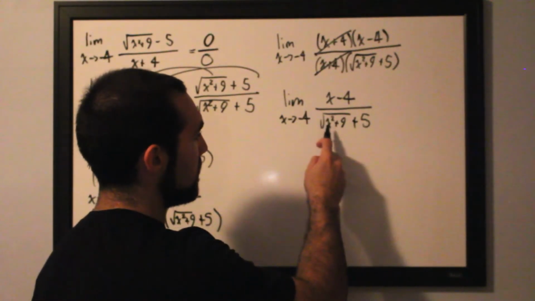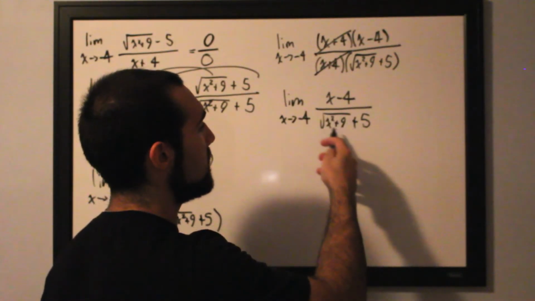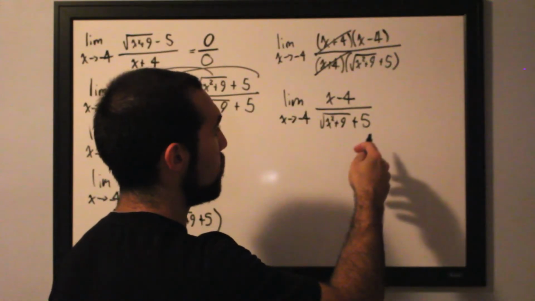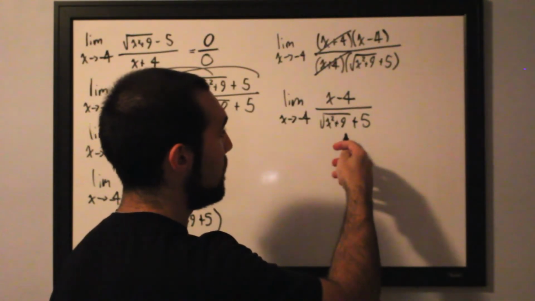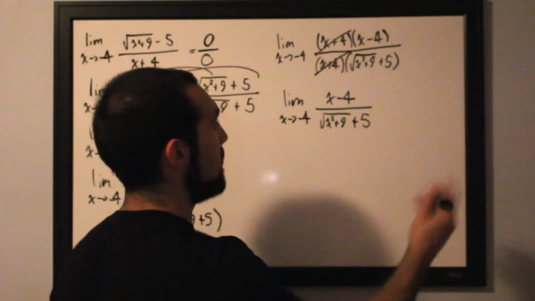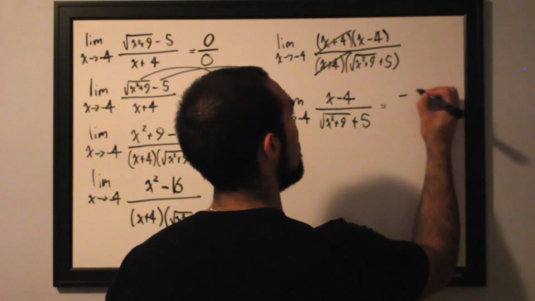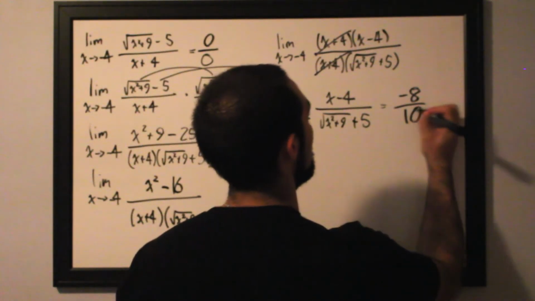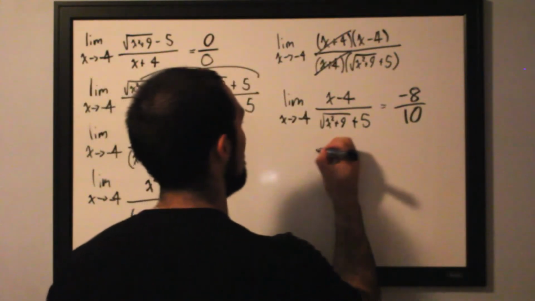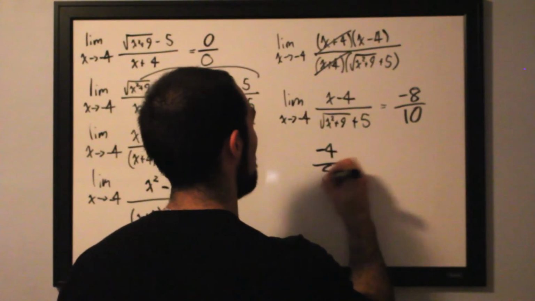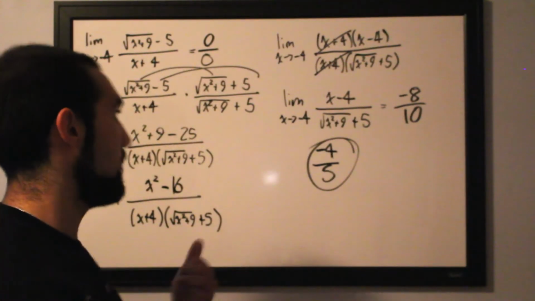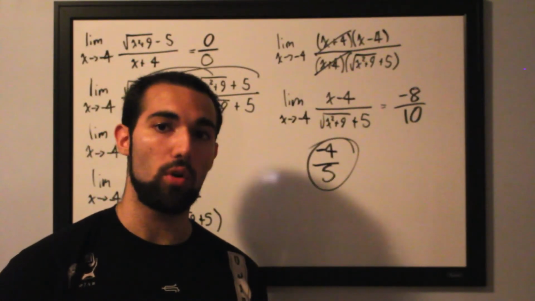And if we plugged it in over here, we would get 16 plus 9 is going to be 25. Square root of 25 is going to be equal to 5. So 5 plus 5 comes to 10. So we're going to have negative 8 over 10. Can be simplified so that it's going to be negative 4 over 5. Limit as x approaches negative 4 for this function is negative 4 over 5.